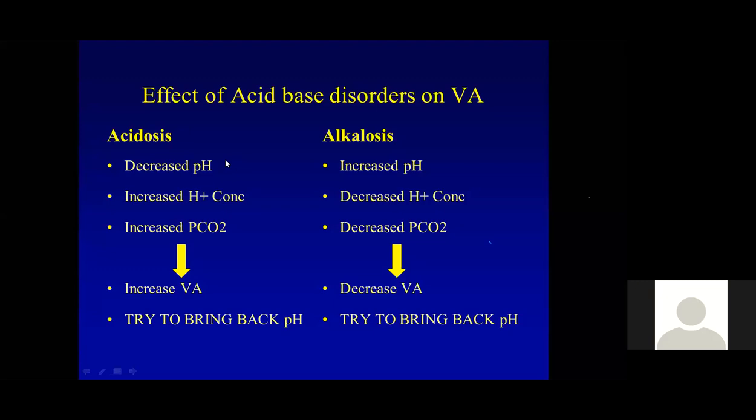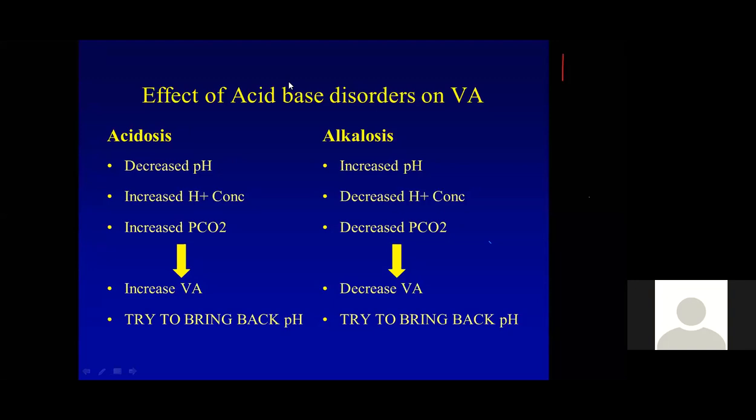So what is the normal pH? When do you say it is acidosis? When it is less than 7.35. Okay, very good. Most of them are answering, so that means it is going great.